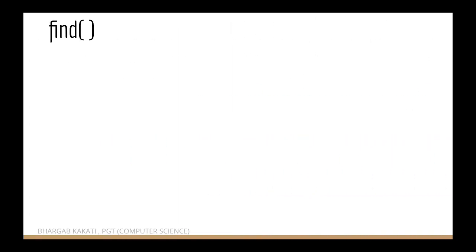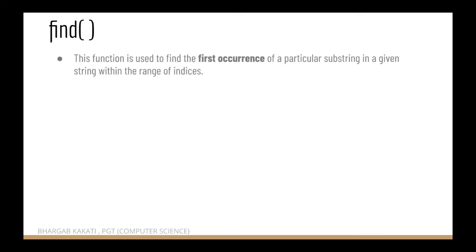Let's go to the next function, that is find function. What it does, this function is used to find the first occurrence of a particular substring in a given string within a range of indices. So within a particular range, this is a little similar to the count function, but it will check whether a particular substring is contained within a given string within a particular range.